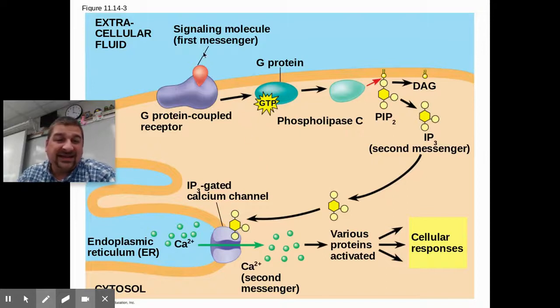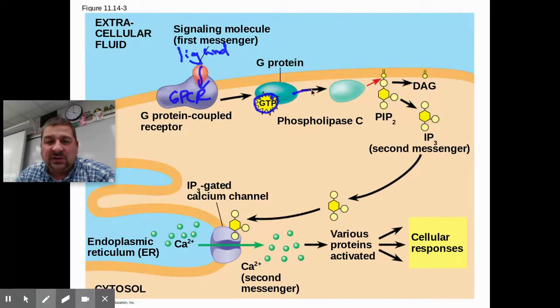Here we can see that happening. Here comes our ligand such as epinephrine, attaching to a GPCR. GTP is going to activate the G protein, which is going to activate phospholipase C. Remember, this is a phospholipid bilayer, so you've got little phospholipids here.